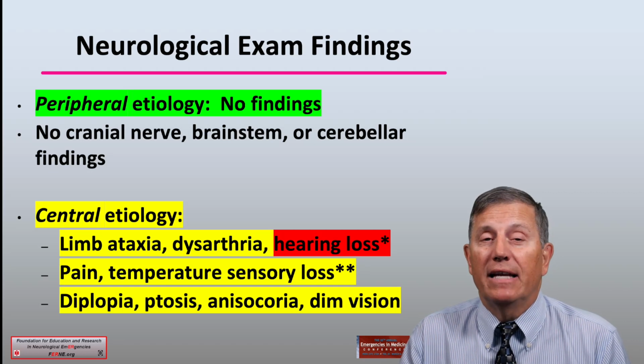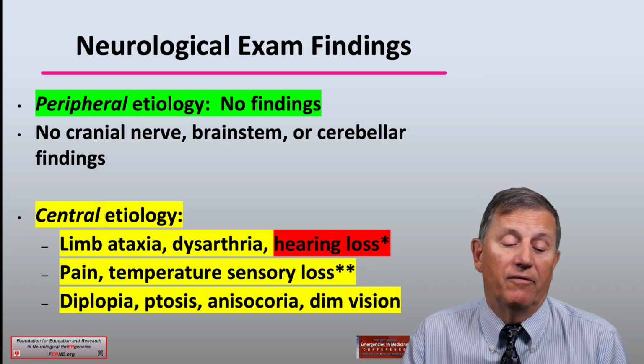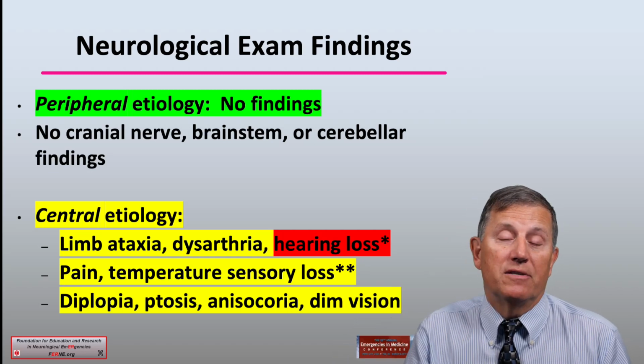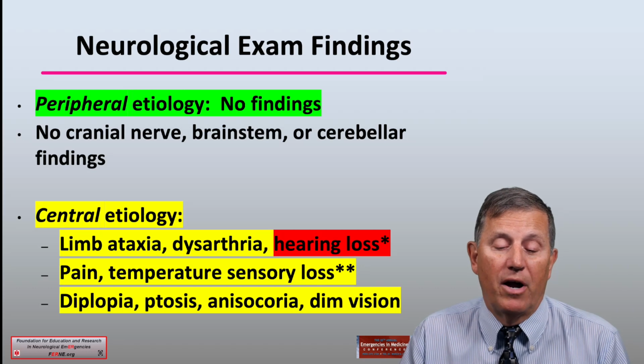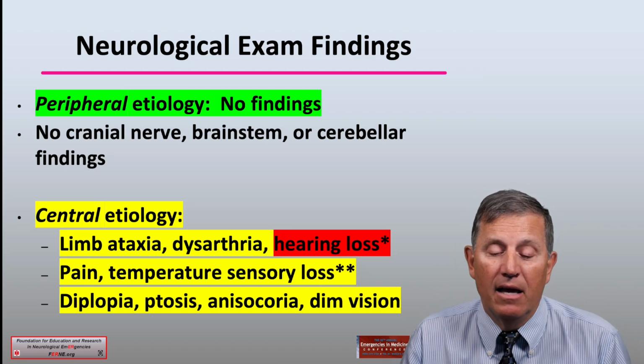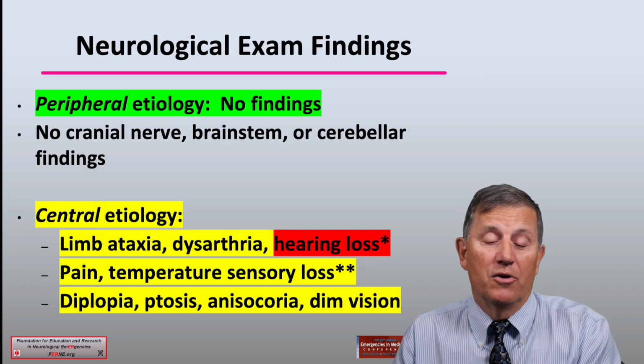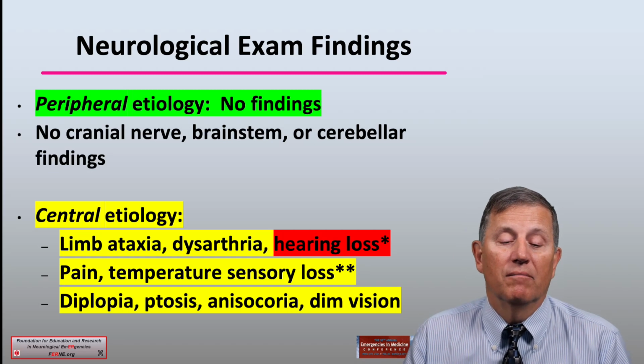Lastly, some other findings that would suggest a central etiology to vertigo would be diplopia, any component of double vision, any ptosis that could involve a third nerve compression, anisocoria, which is a difference in pupil size, and or dim vision, which could be related to posterior circulation insufficiency.